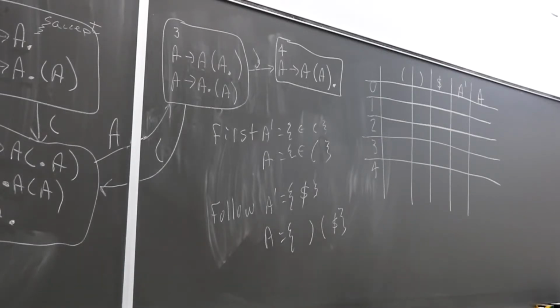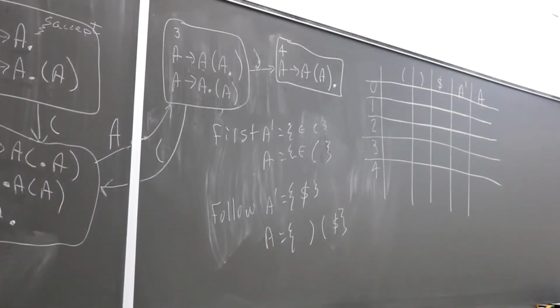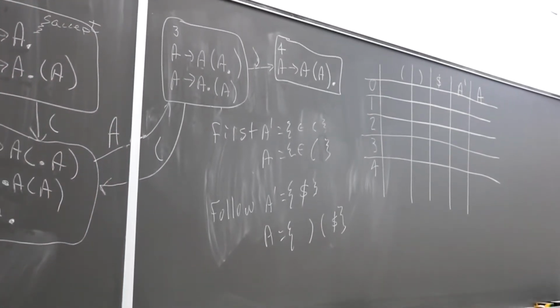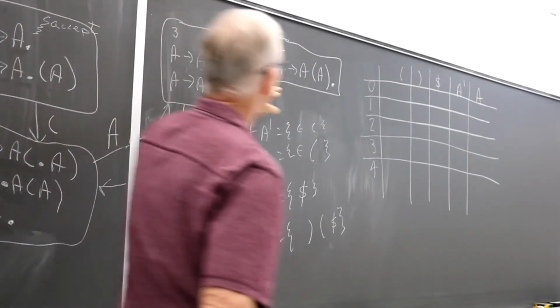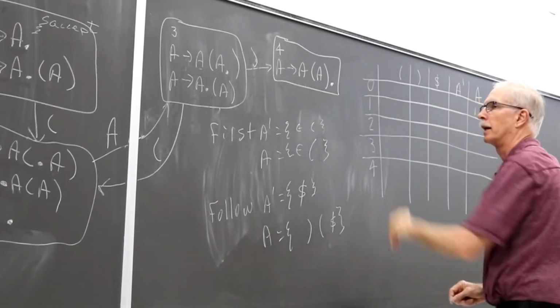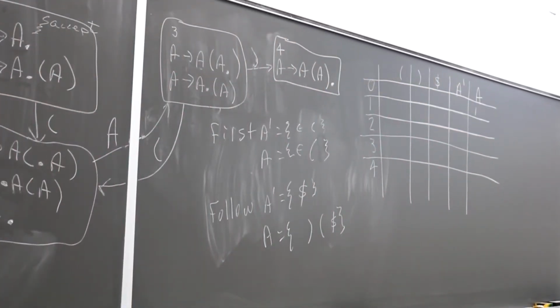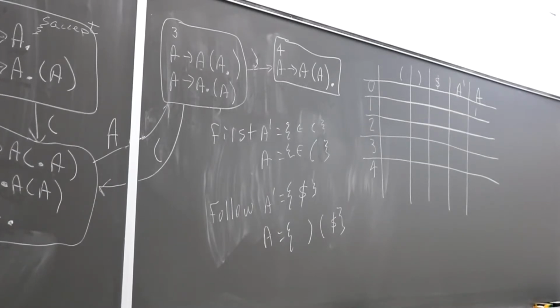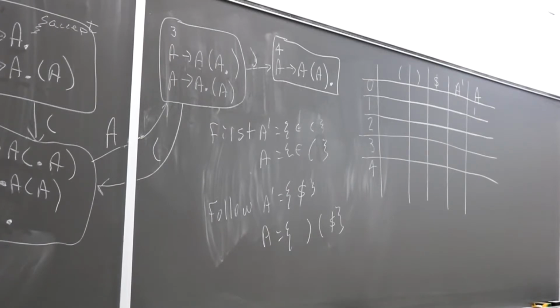So we fill out the table off of this information. Item set 0 goes to 1 on A. And so 0 goes to 1 on A. That takes care of these two. Item set 0 reduces A goes to empty.